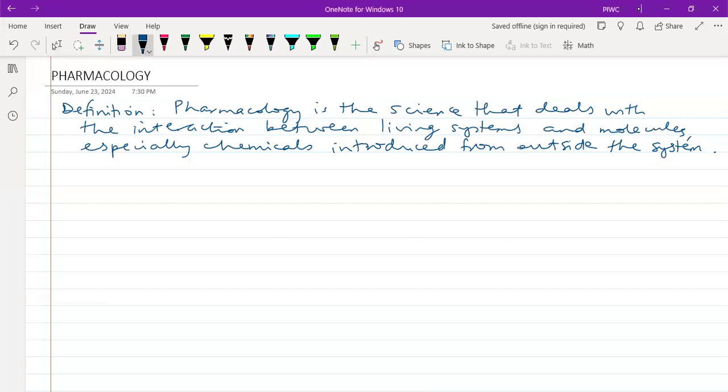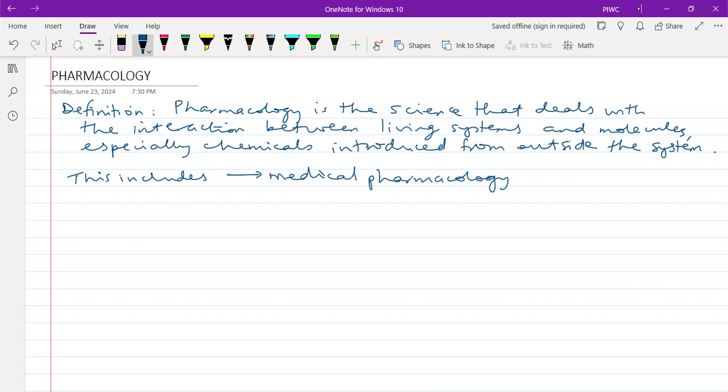Okay. Now, this includes what we call medical pharmacology. Basically, medical pharmacology is a science of materials used to prevent, diagnose, and treat diseases.